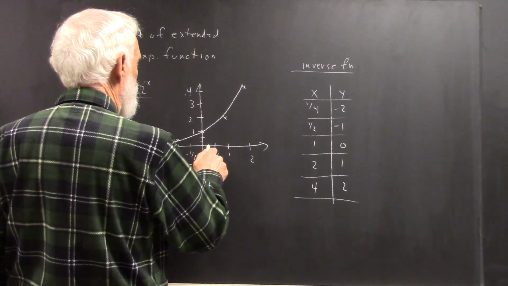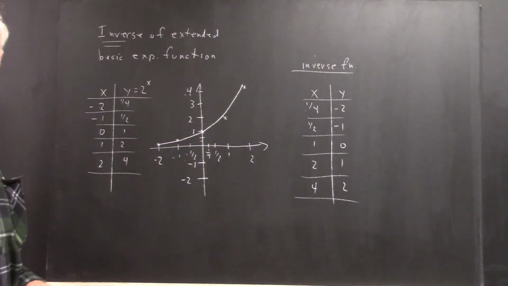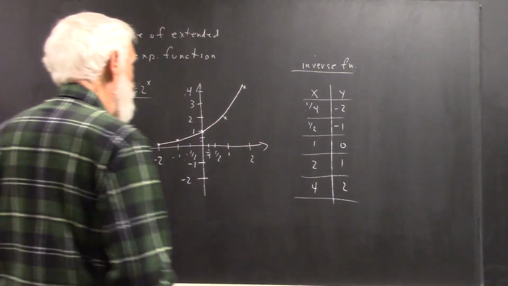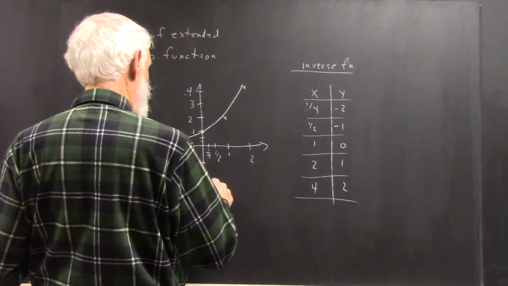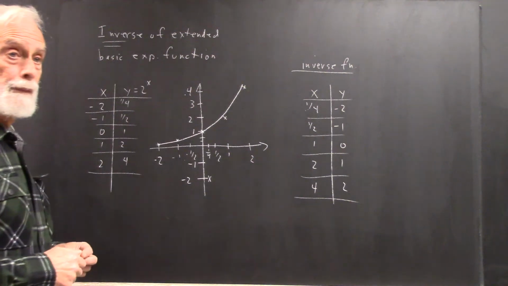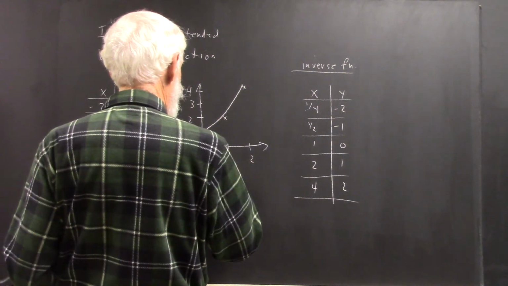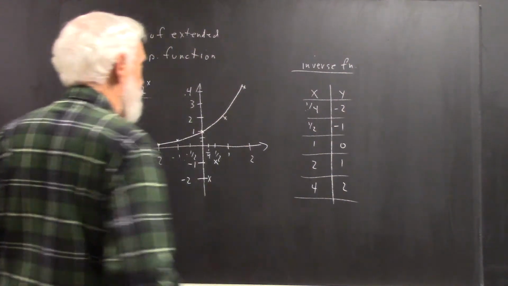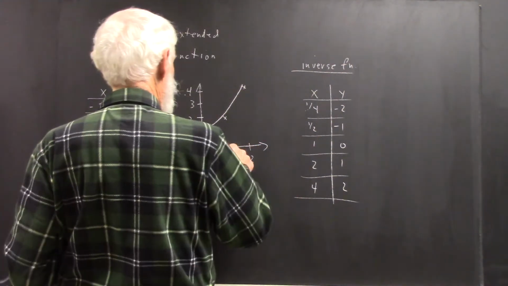I'm going to need 1/4 because that's one of my x values now, right? And now I plot 1/4, negative 2. Well, that's here. 1/2, negative 1. That's here. 1, 0. That's here.